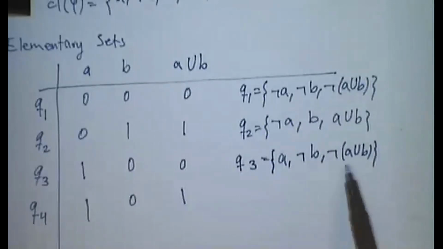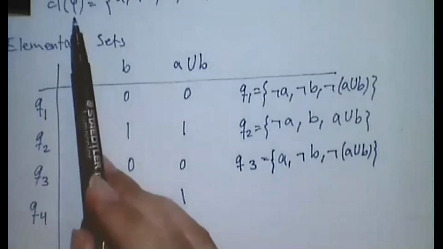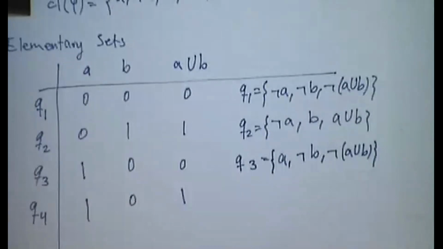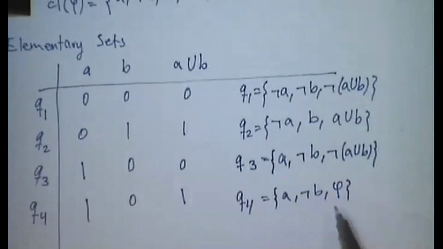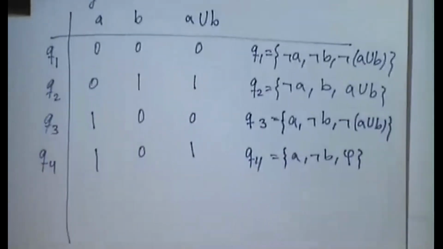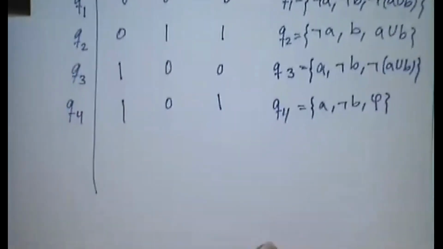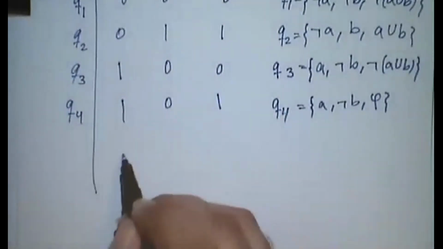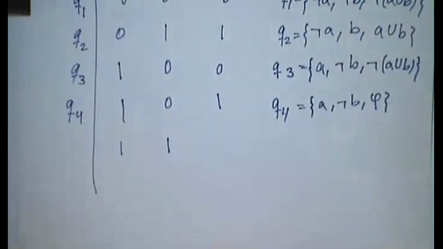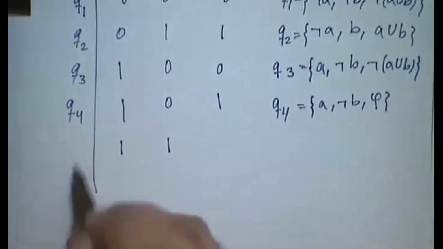Instead of A until B, I will just write phi from now on because that's easier. And Q4 is A, not B, and phi, which is A until B. We have to still continue with this. So what happens if I put 1, 1? So Q5.